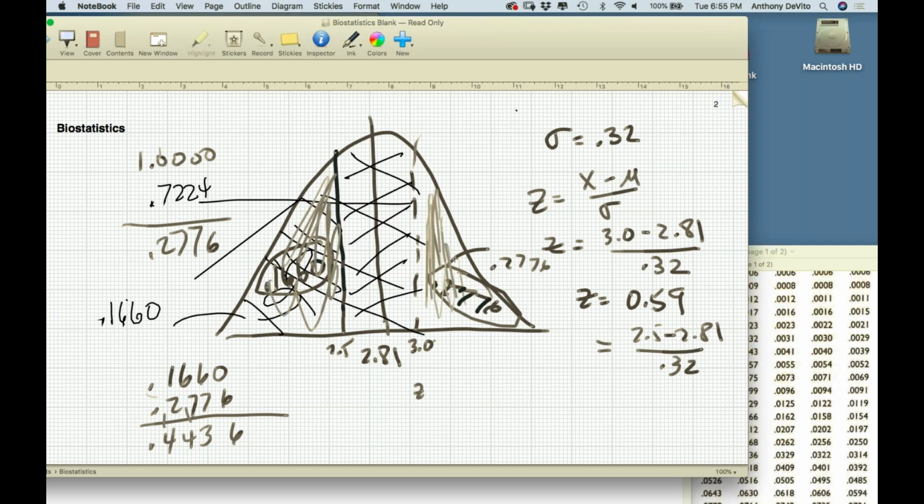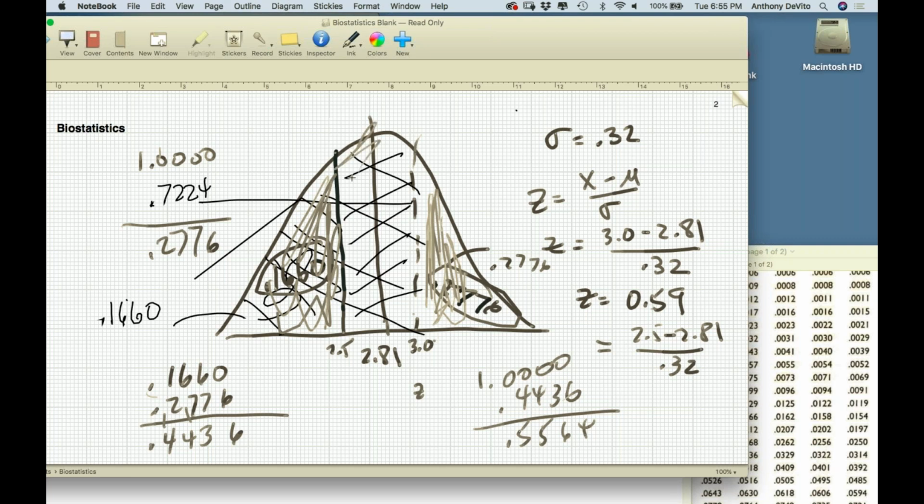So the remaining area, which is in between them, is what we're interested in: the percentage of students that are between 2.5 and 3.0. So we're just going to simply subtract that from 1. 1 minus 0.4436 is 0.5564, about 55%, right?